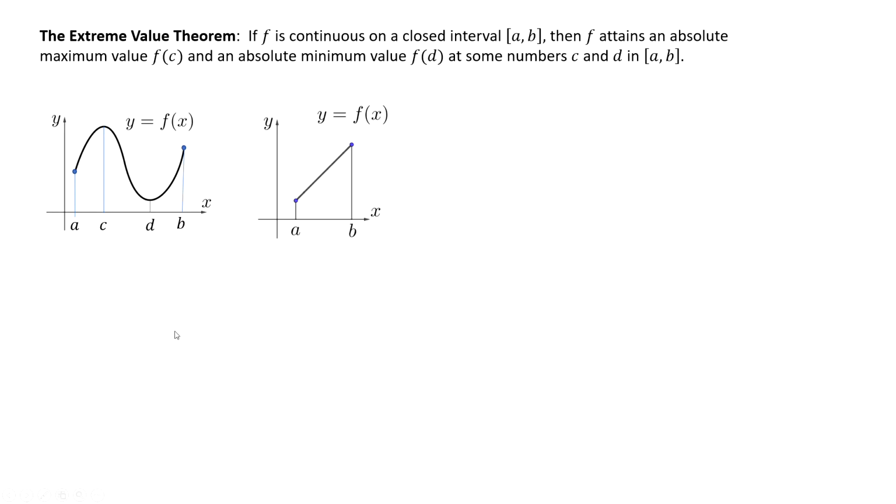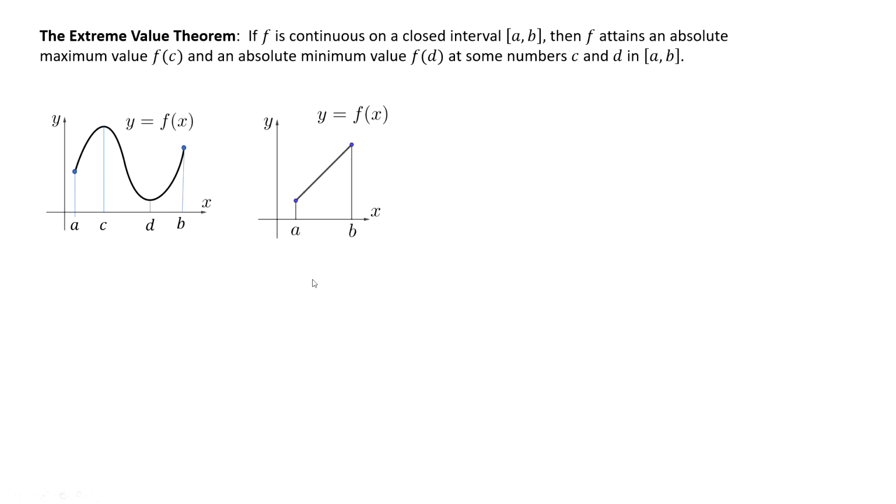Okay, let's see. Well, there is no absolute maximum here, man. No, there is, at b. And see, now you could have absolute maximums and or absolute minimums at the endpoints, at the extreme points.